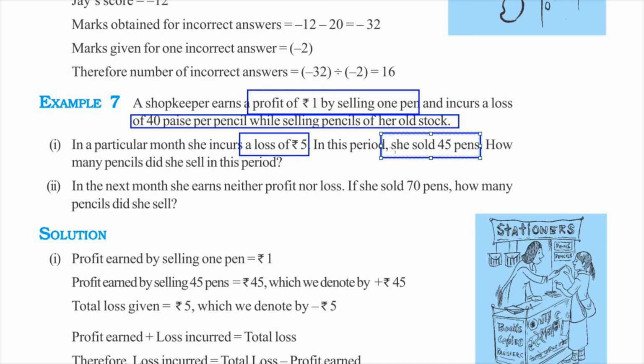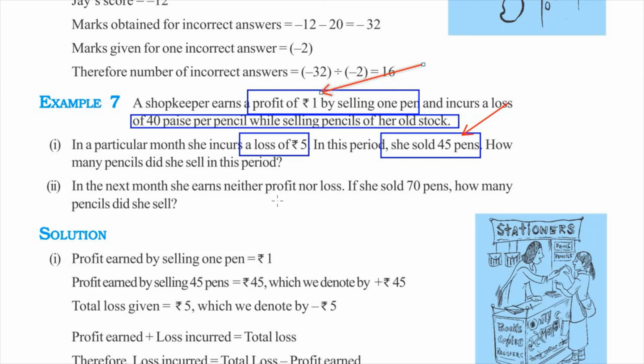Okay. So before you go through the solution, just think about the plan that you have to solve this problem. Think about it stepwise. What we know is that she sold 45 pens. So we should be able to calculate the amount of money that she has gained by selling 45 pens. Because we know that she earns a profit of 1 rupee per pen.